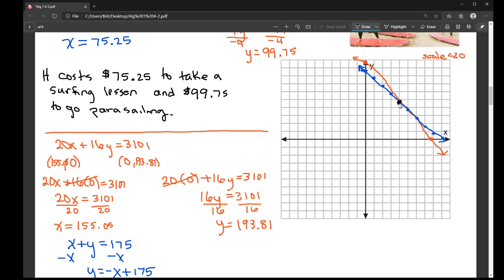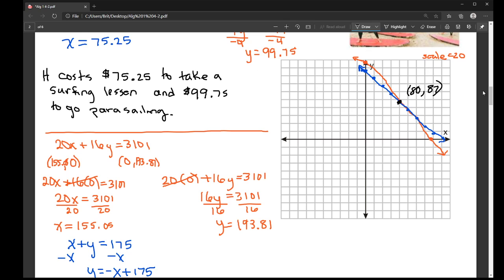Maybe. So that's at 80 on the x-axis and then, I don't know, 87 or so on the y-axis, which is between $5 and $12 off from my actual values.